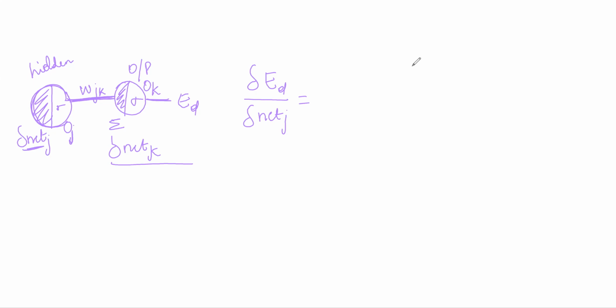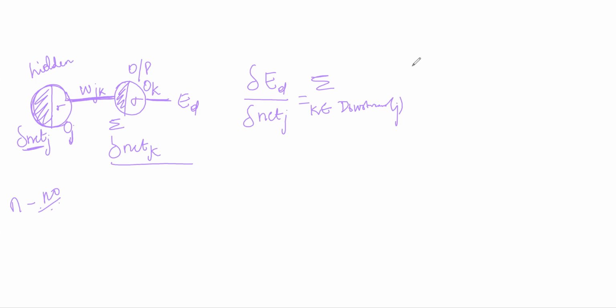I'll write it as summation of K belongs to downstream of J. You can downstream it to any layers that you want, but they are hidden weights. With N number of hidden layers, you'll be applying the same thing, but downstreaming one after the other.